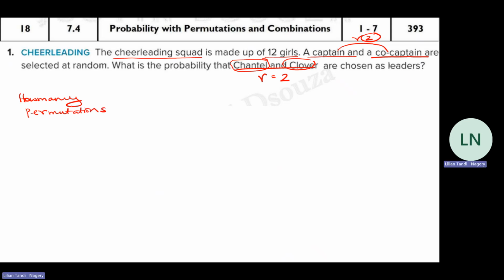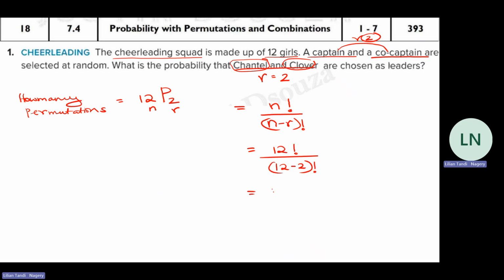Okay. So how do I do that? I do that by doing 12P2. So this is my n, this is my r. Then I remember my formula for permutations, which is n factorial over n minus r factorial. So this is 12 factorial over 12 minus 2 factorial.